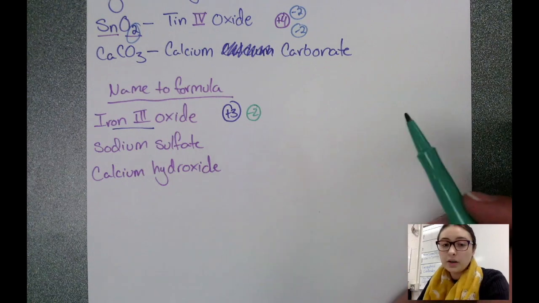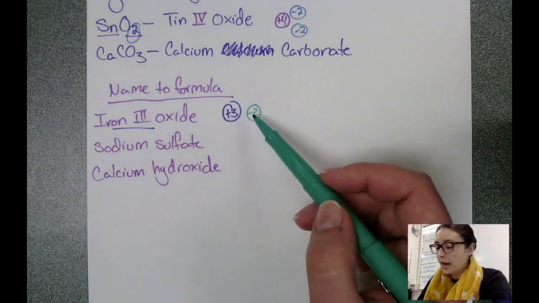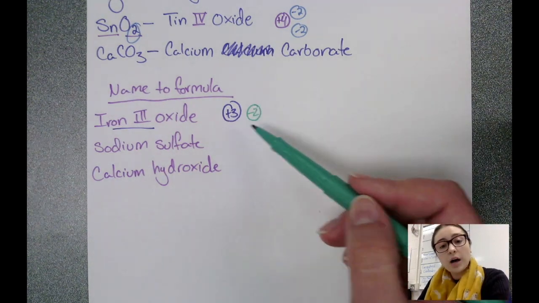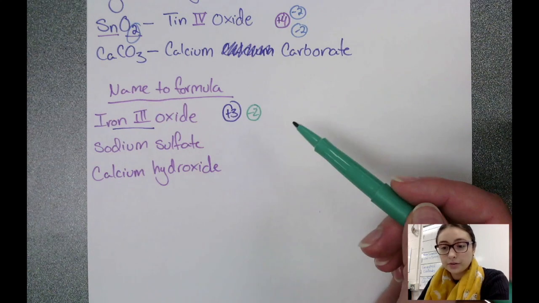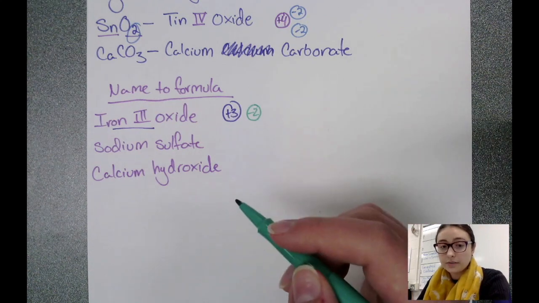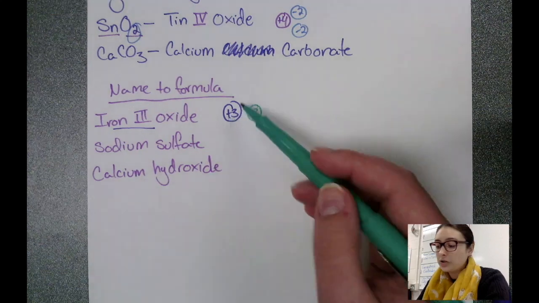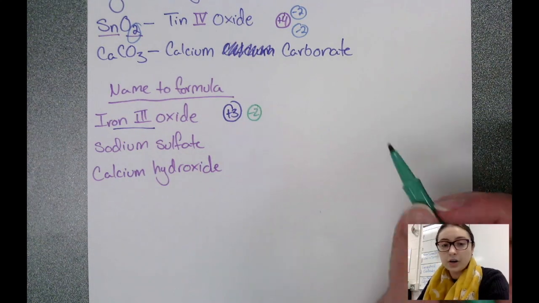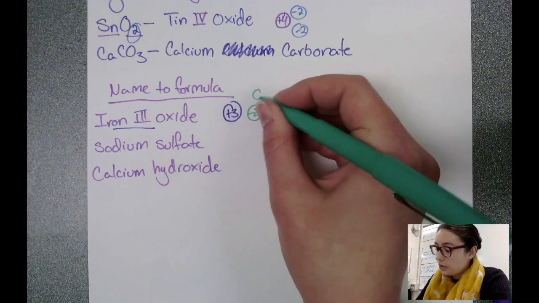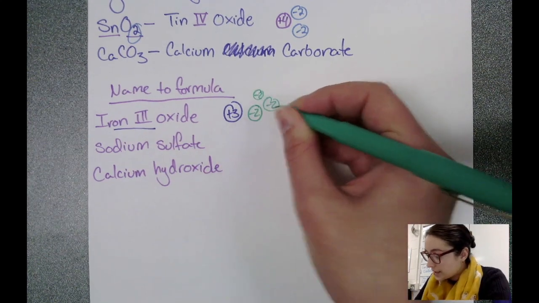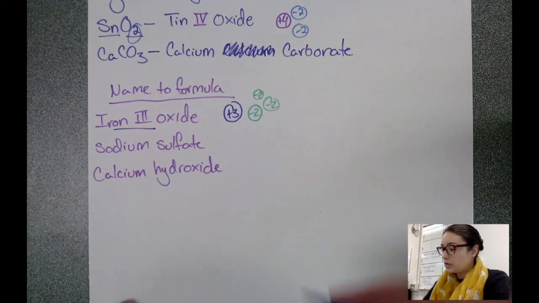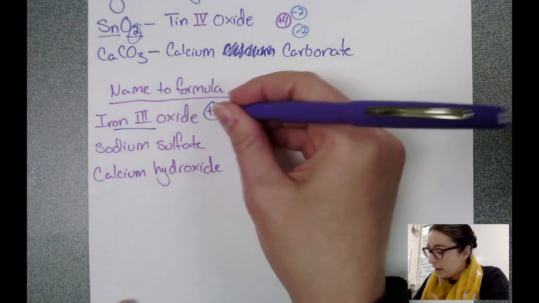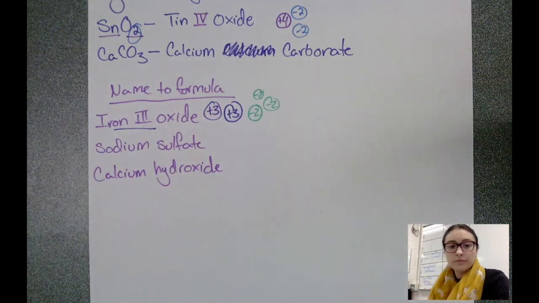The easiest way to figure out what would make it neutral is ask yourself, what's the lowest common multiple between 3 and 2? Well, the answer is 6. So to make this neutral, I need a total positive charge of positive 6 and a total negative charge of negative 6. Well, to get negative 6, I'd need 3 negative 2 ions. And to get positive 6, I'd need 2 of my positive 3 ions.